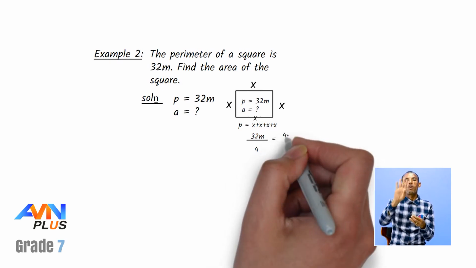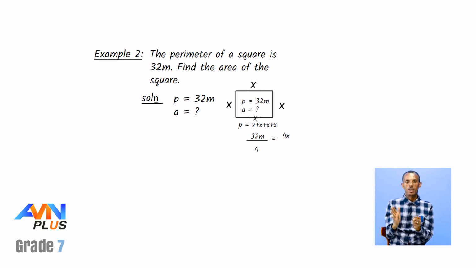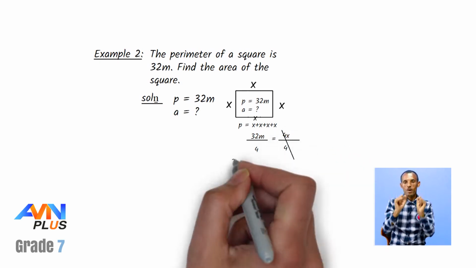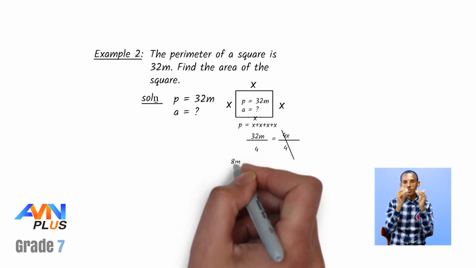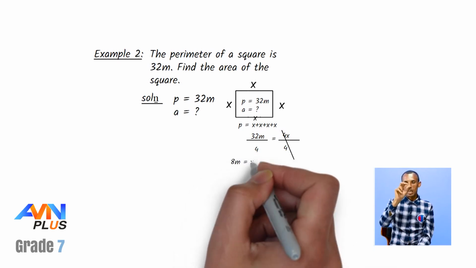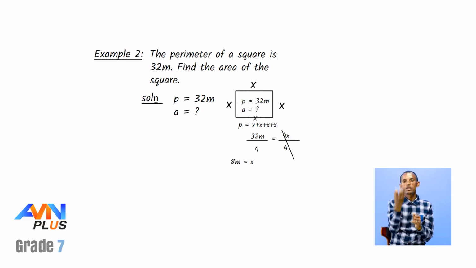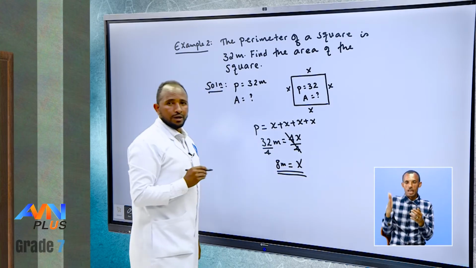So to find the side of the square, divide both sides by 4. And this cancels out. So x is equal to 32 divided by 4, which is 8 meters. So this will be the side length of the square.